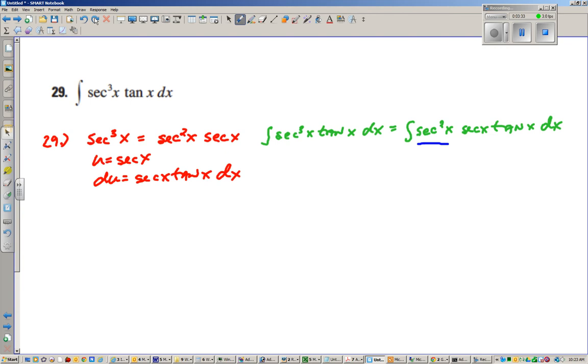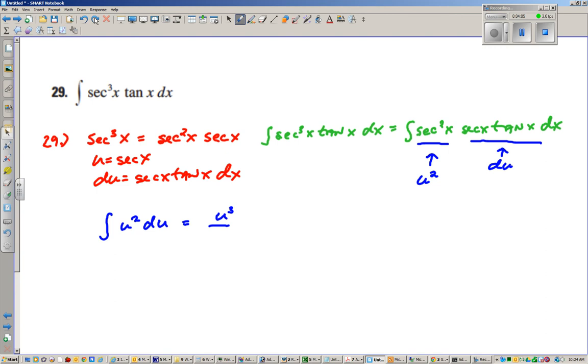So I'm going to look at secant squared x as a unit, if you will, and let that be u squared, and then everything else that's left, that is the sec x tan x dx, I'm going to allow that to be the du. And the whole idea with all of these problems is to make an easier integral, and I think you would all agree that this integral u squared du is about as basic as they get.